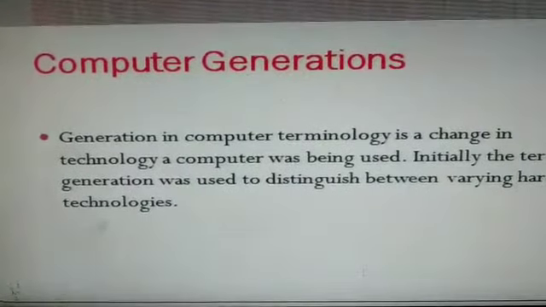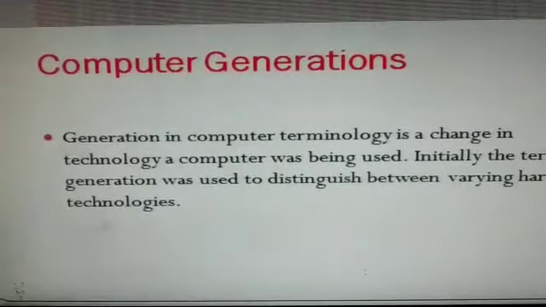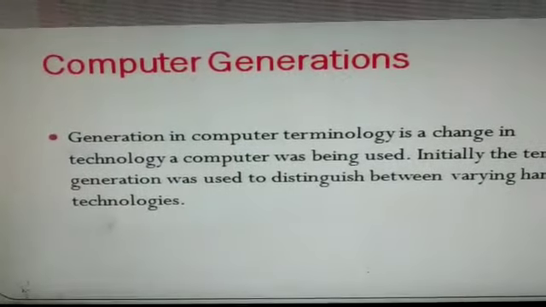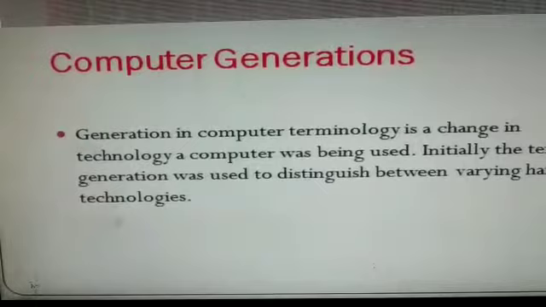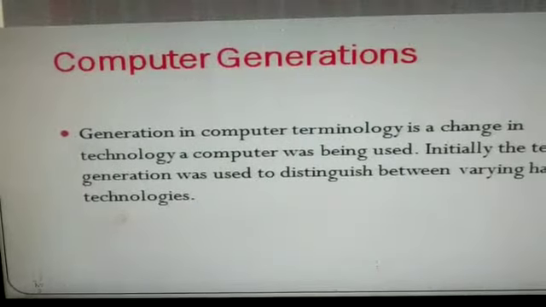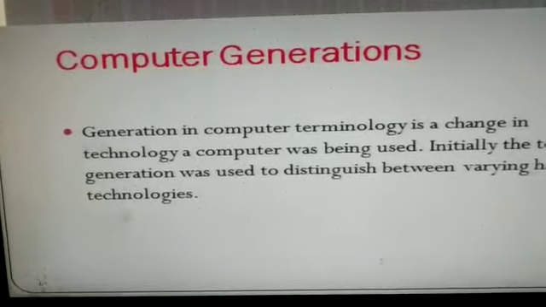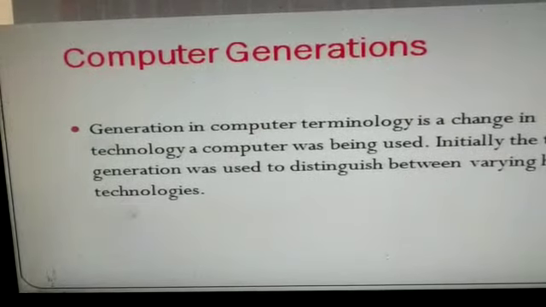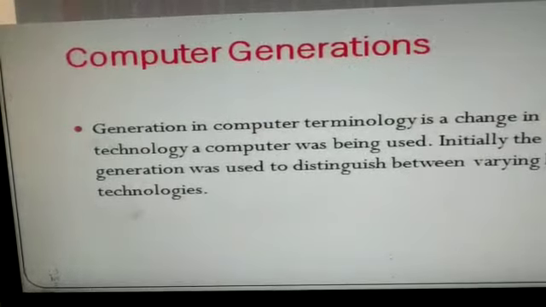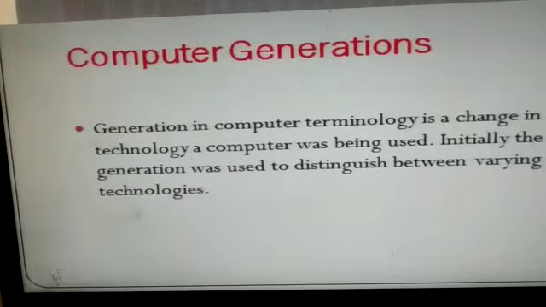Kids, the computer evolved as a result of man's search for a fast and accurate calculating device. The abacus was probably the original mechanical counting device invented in Asia many centuries ago.